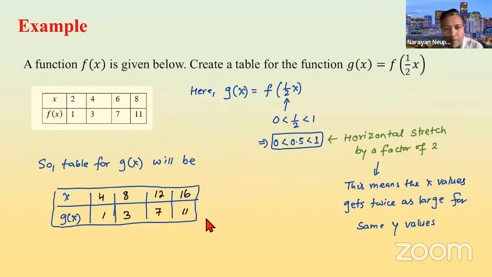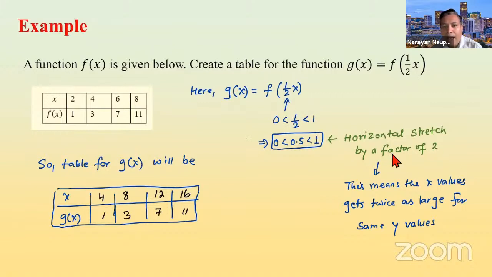So one more time, just to recap what we have done. This is the equation given here. We see that there is a half. Half is a number between 0 and 1. And so once we know that, we know that it is a horizontal stretch. And the stretch factor will be the reciprocal of this number. Here is a half. The reciprocal of half is 2.